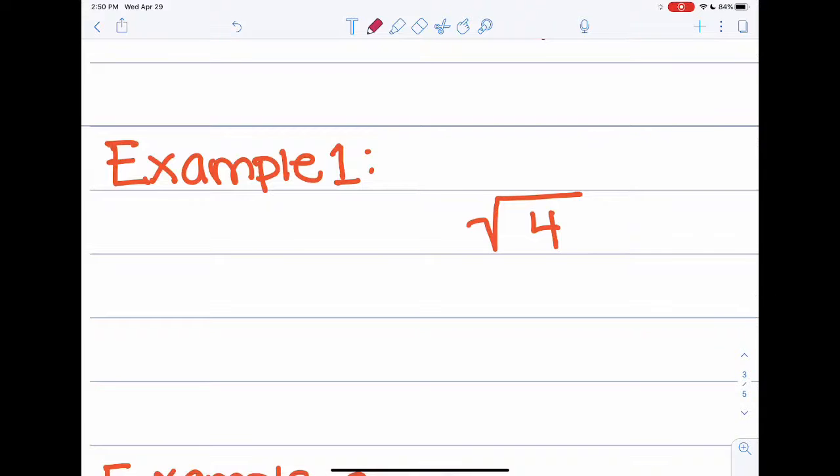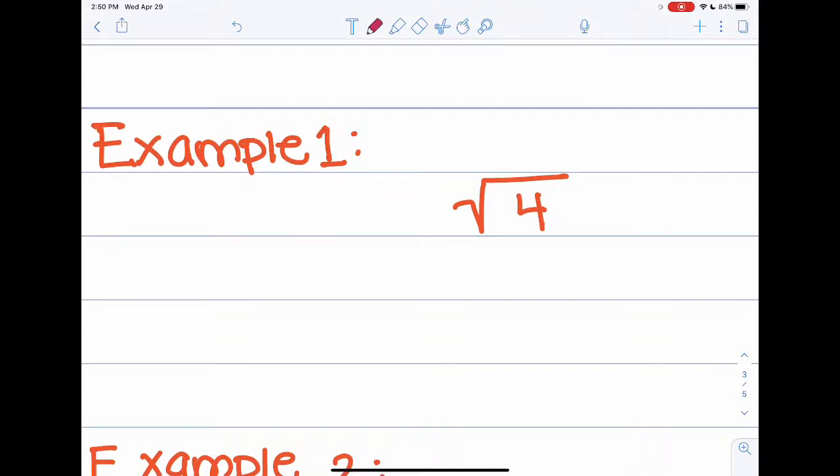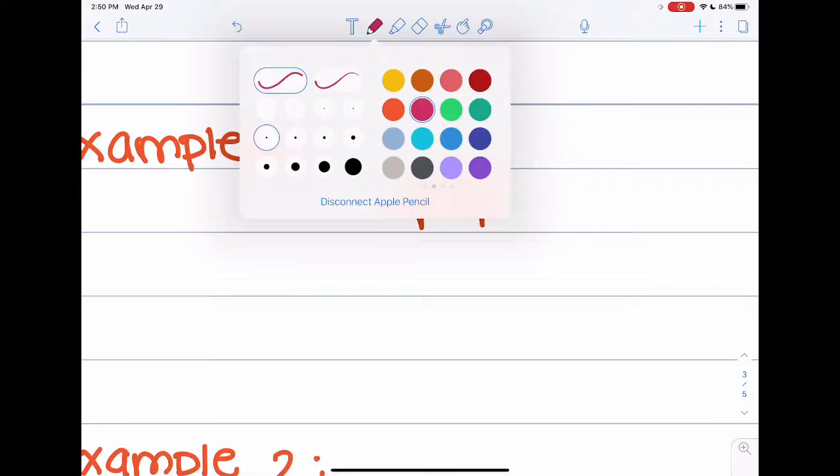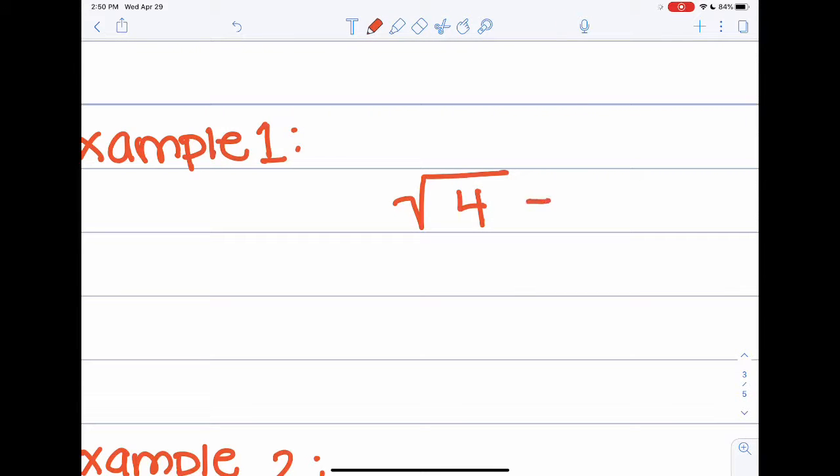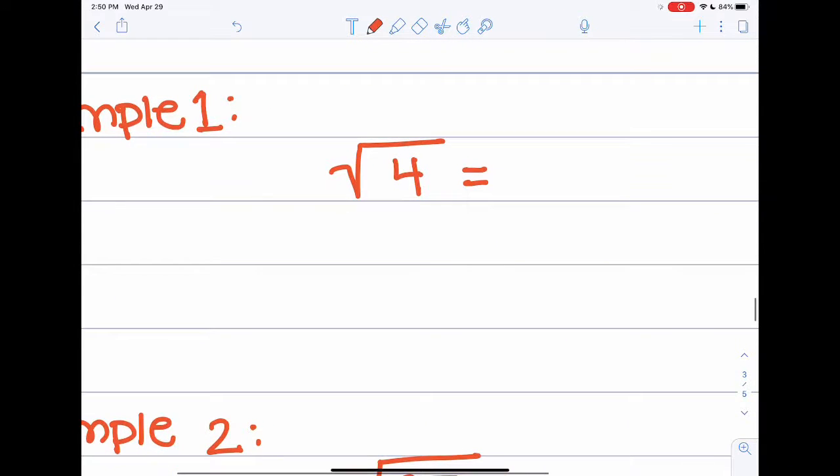Example 1. So what is the square root of 4? What's the square root of 4? What number times itself is going to give me 4? Some of you might have said 2 times 2 is 4. Awesome job. That's totally correct.